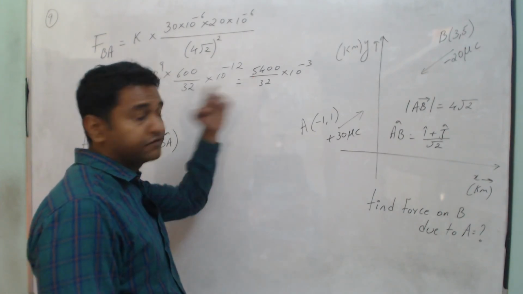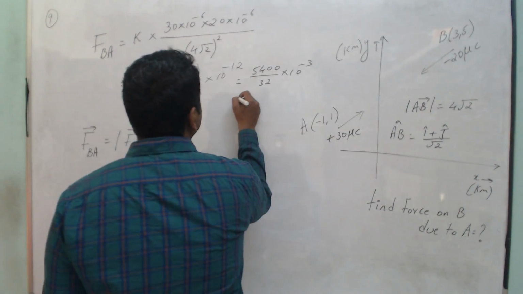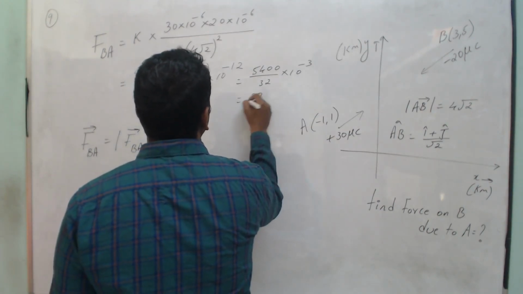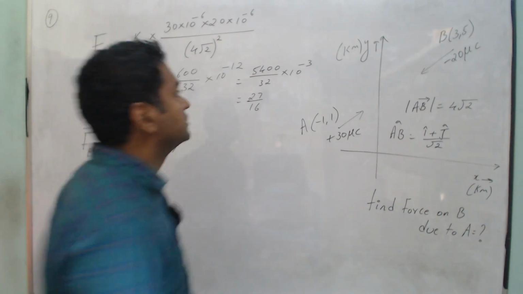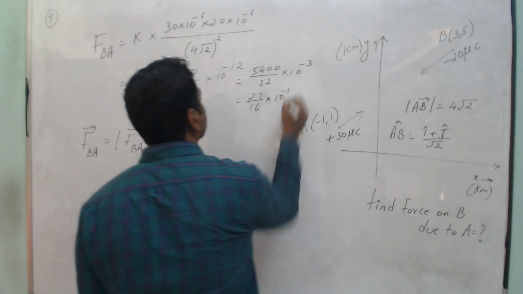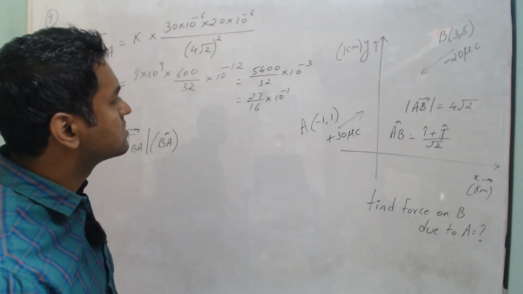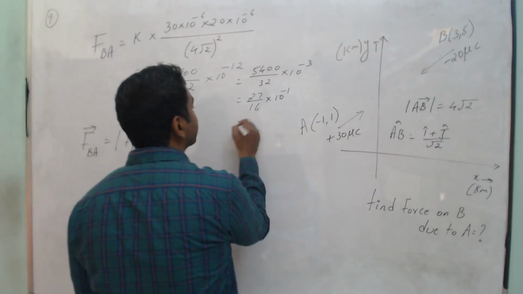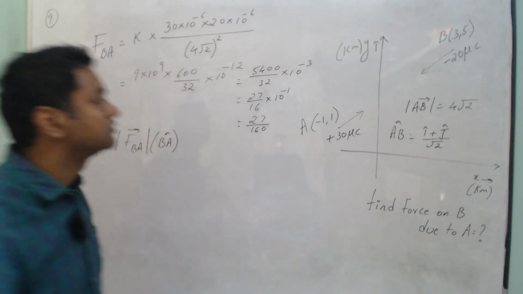If we divide 54 by 2, we will get 27. So the best I can get is 27 by 16 into 10 to the power minus 1, some 1.6. Or simply just write it as 27 by 160 also. We can write it like this.